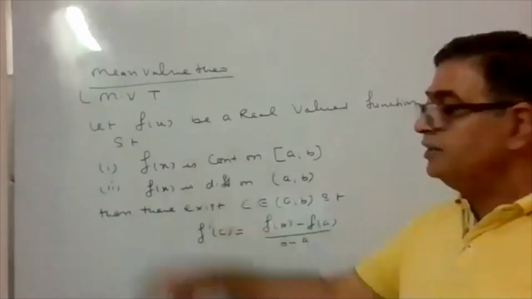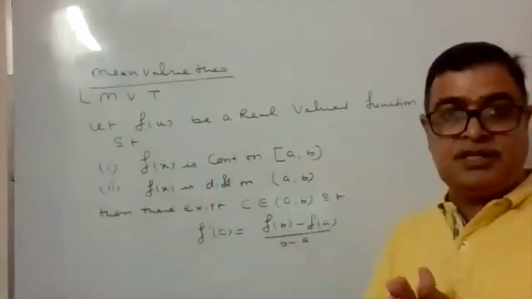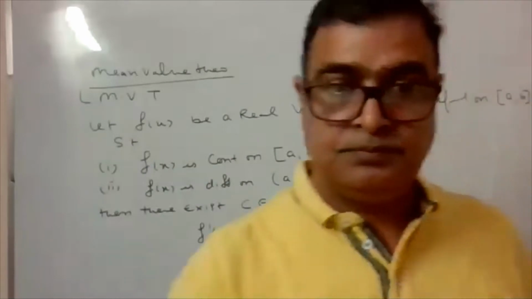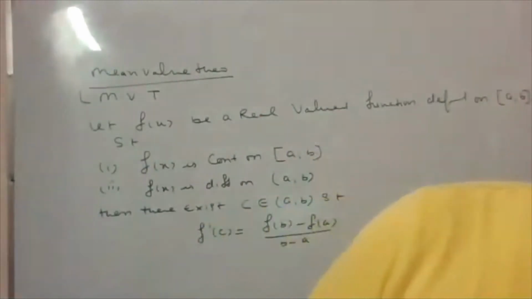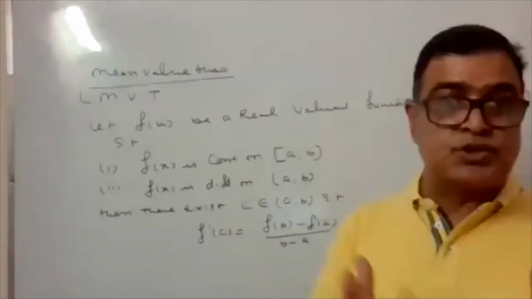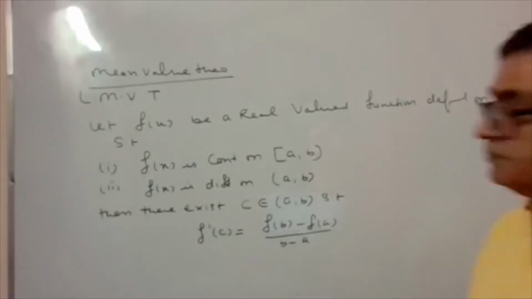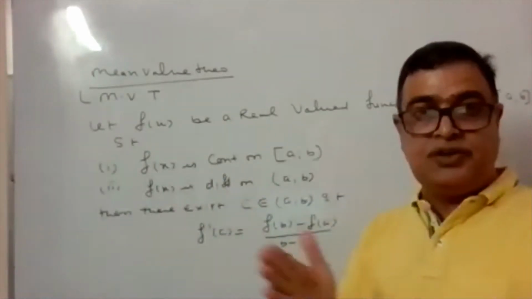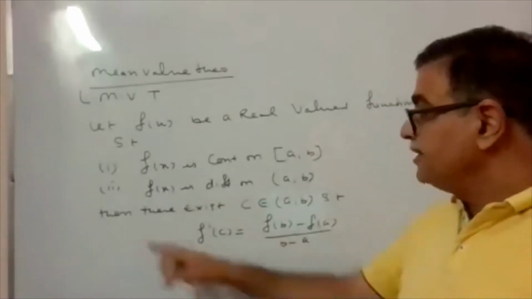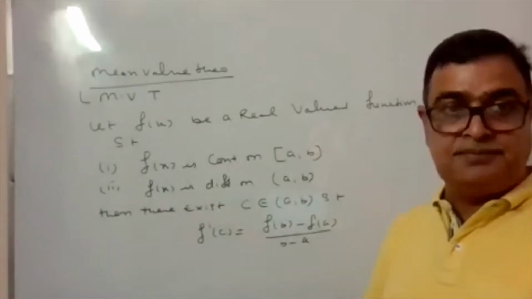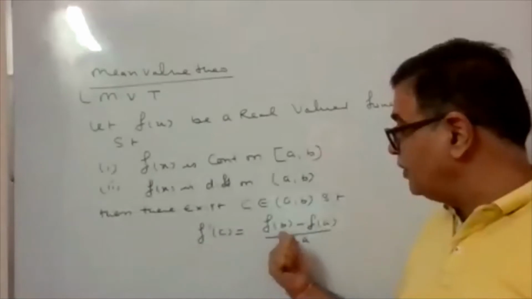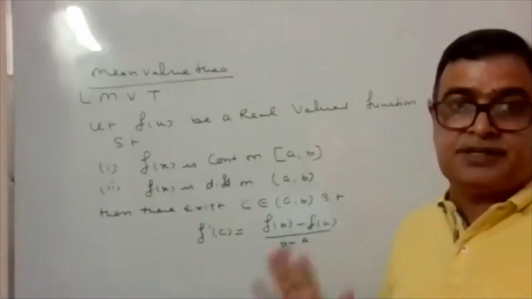First I told you, what is LMVT? This says that if there is any function which is real valued, defined on closed interval [a, b], then that function should be continuous in closed interval [a, b], differentiable on open interval (a, b), then there exists a point c belongs to open interval (a, b) such that f'(c) will be equal to (f(b) minus f(a)) by (b minus a).